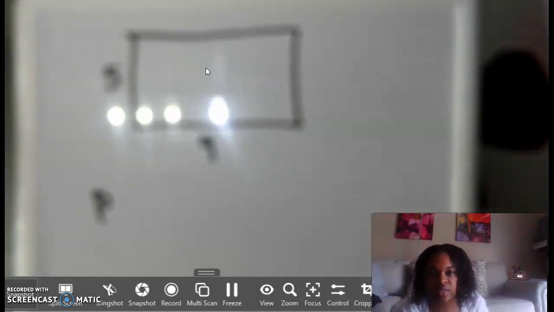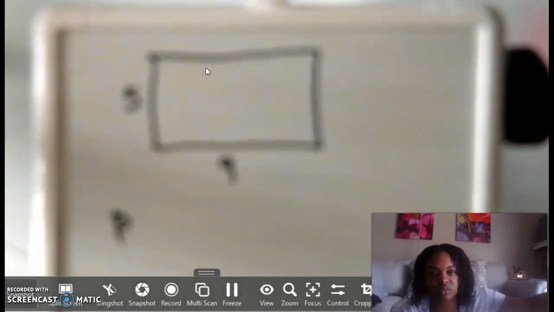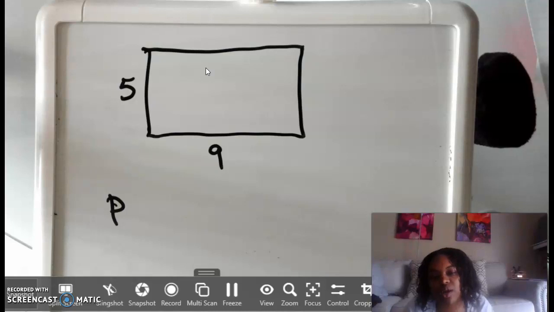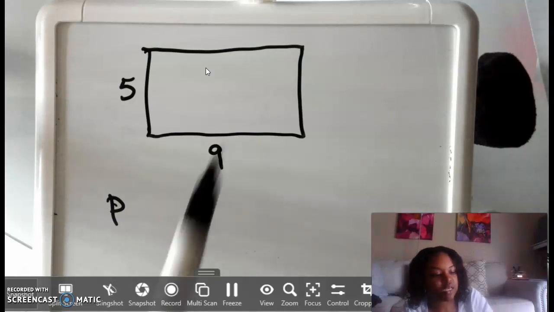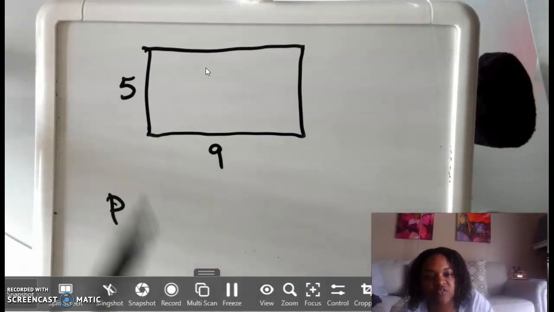Okay, here we go. So I have here in the screen, let me turn off this. Okay, so I drew out a little rectangle. So this is our rectangular kitchen space, and we have a length of 9 and a width of 5.